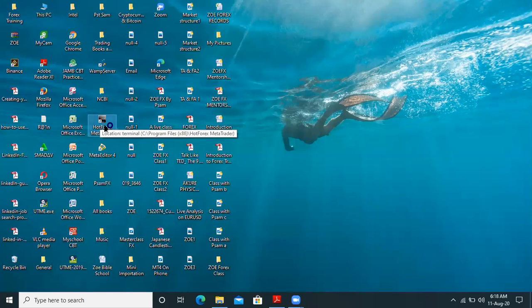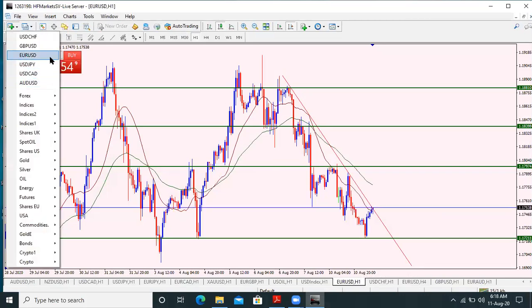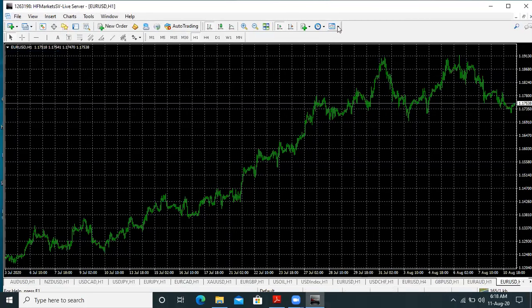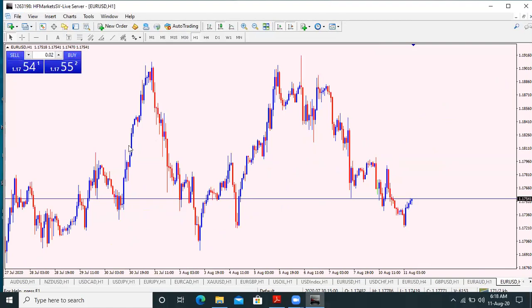Like I said, the bulls are the candles going up, while the bears are the candles coming down.